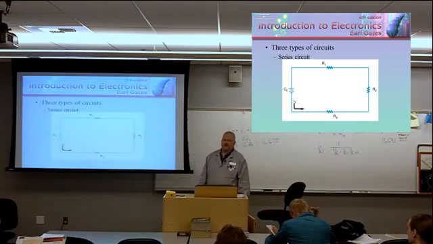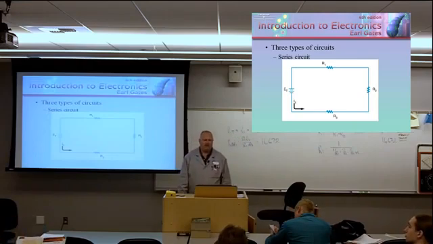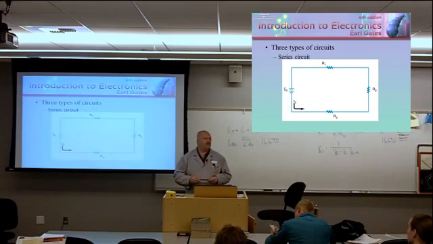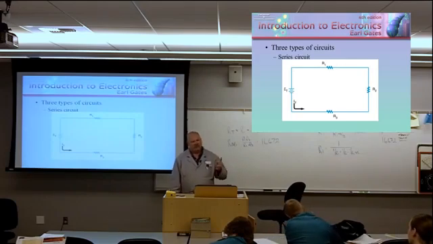This is a series circuit. We talked about series circuits already. The most important thing for you to remember about a series circuit is that current is constant in a series circuit.